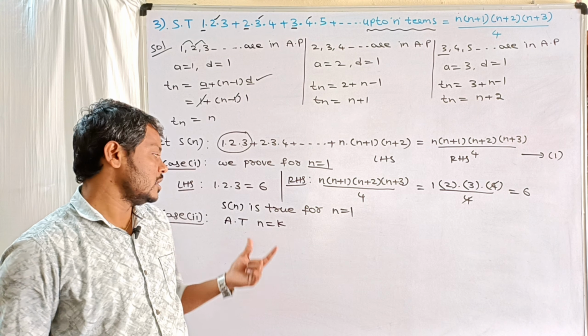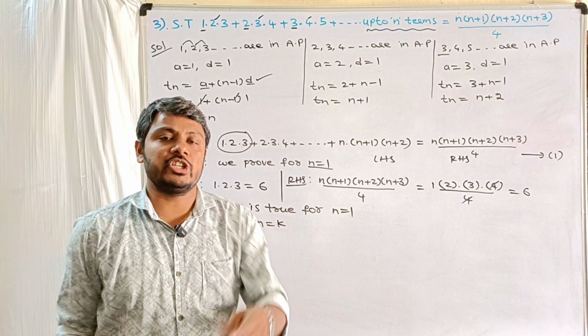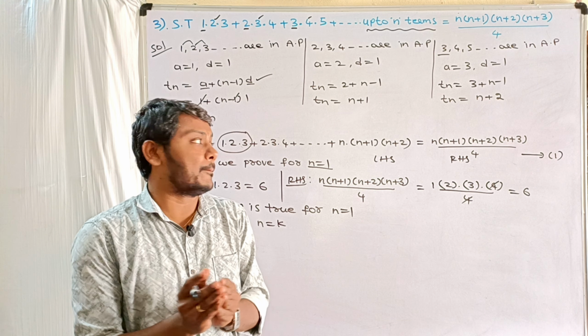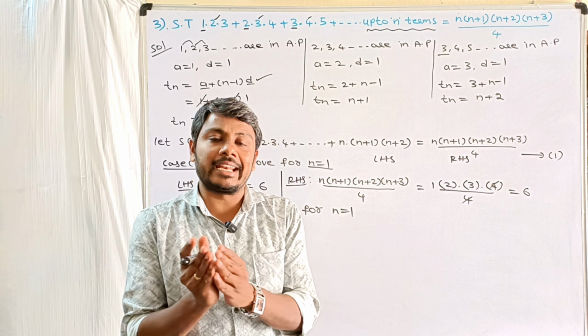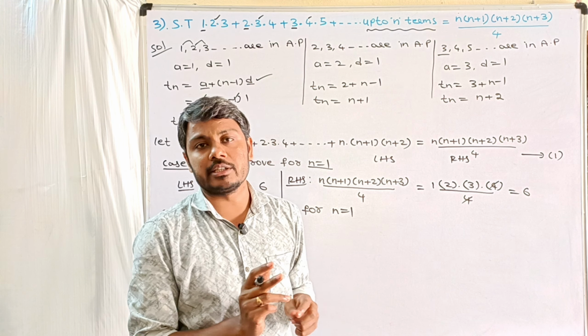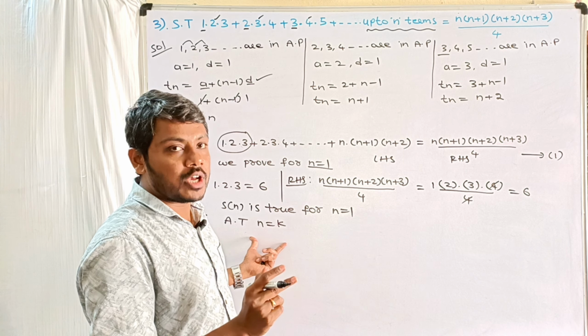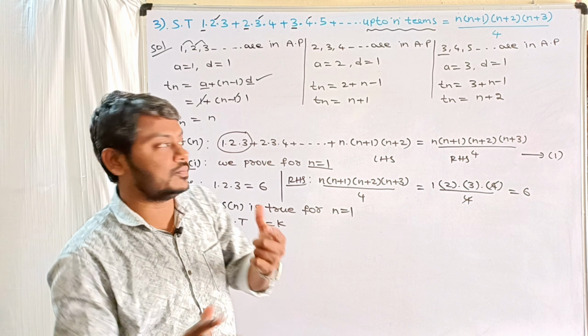Next, case 2. Case 2 is what? Assume that n is equal to k. Which means we can replace n by k in equation 1. So directly we can write LHS is equal to RHS, because we already assumed the given statement is true.